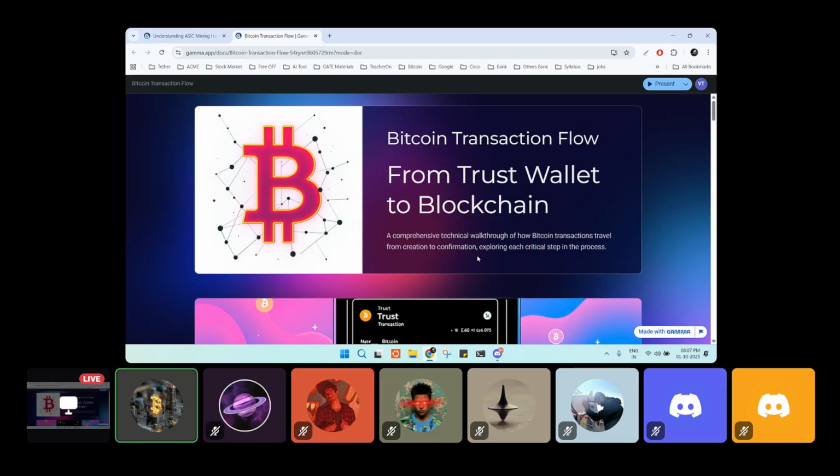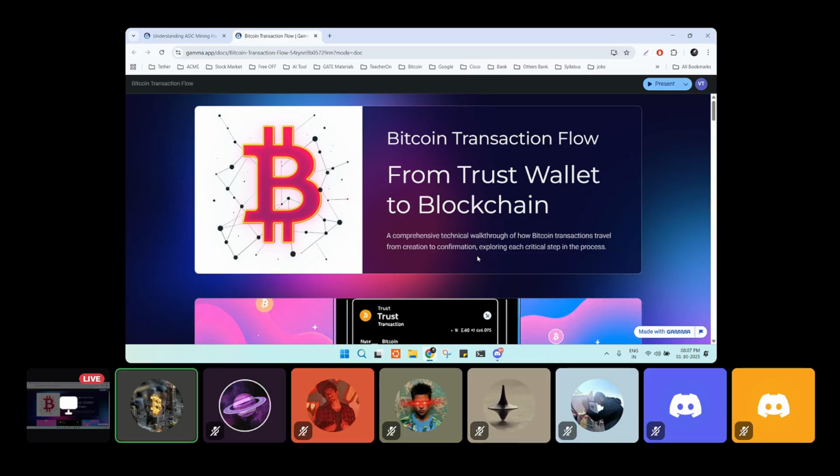So initially, I was also very fascinated by how the transaction which we create on our mobile phone works. I believe everyone will be using some non-custodial wallet, not the exchange, because we don't promote exchanges. As we know, not your keys, not your coins.